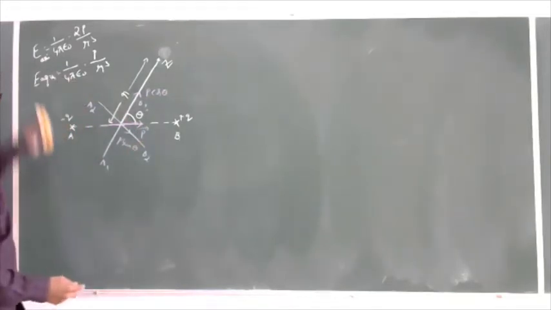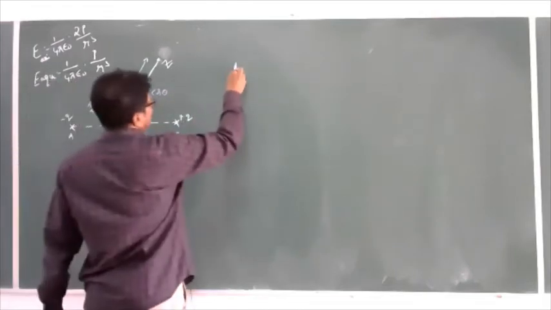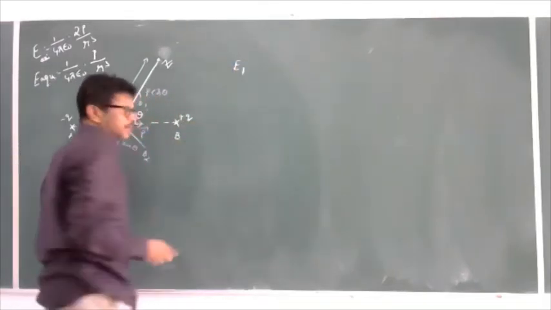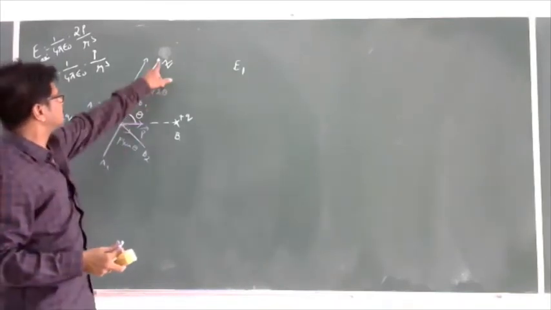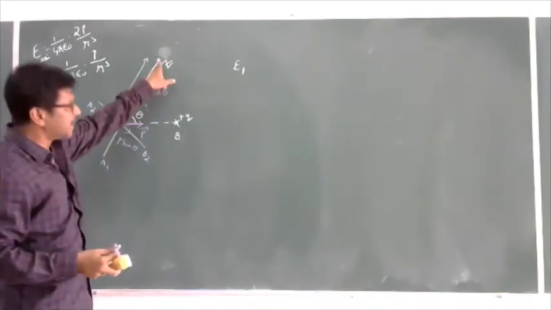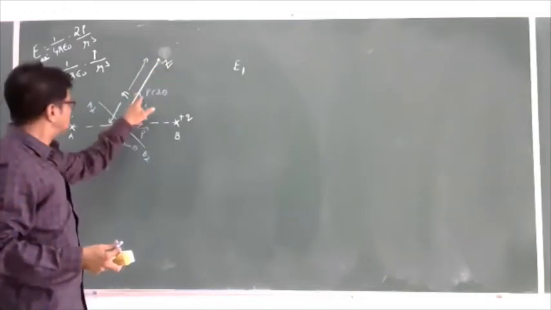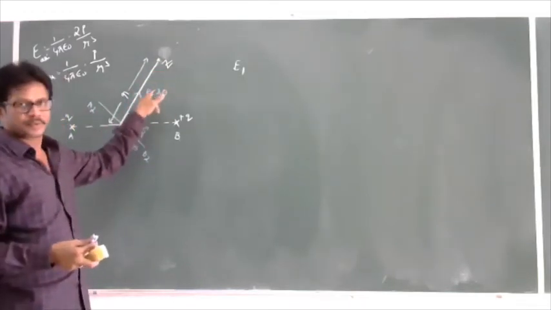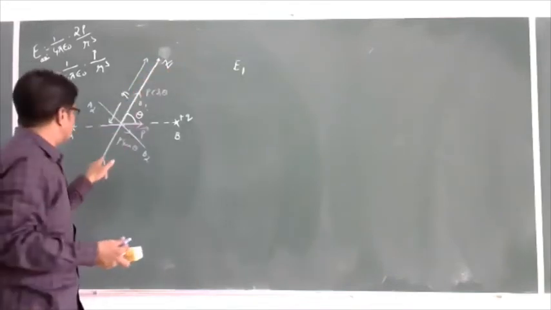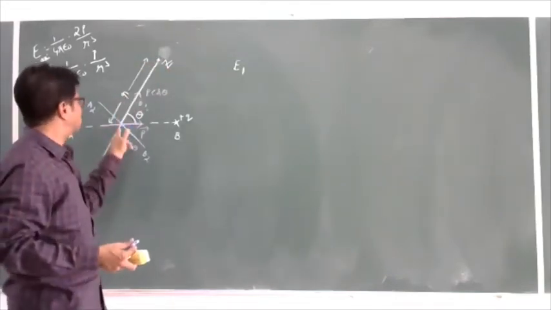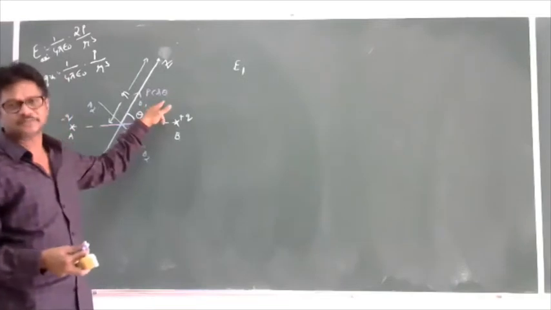Then what is the formula for the axial line? So now I am calling it E1. What is E1? E1 is the electric intensity acting at Z due to this P cos theta, where point Z is located on the axial line of a dipole whose dipole moment is P cos theta.